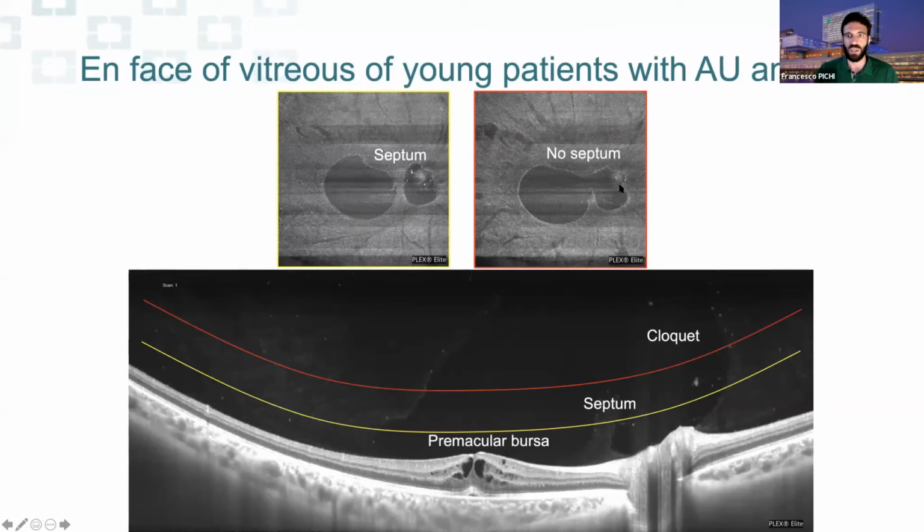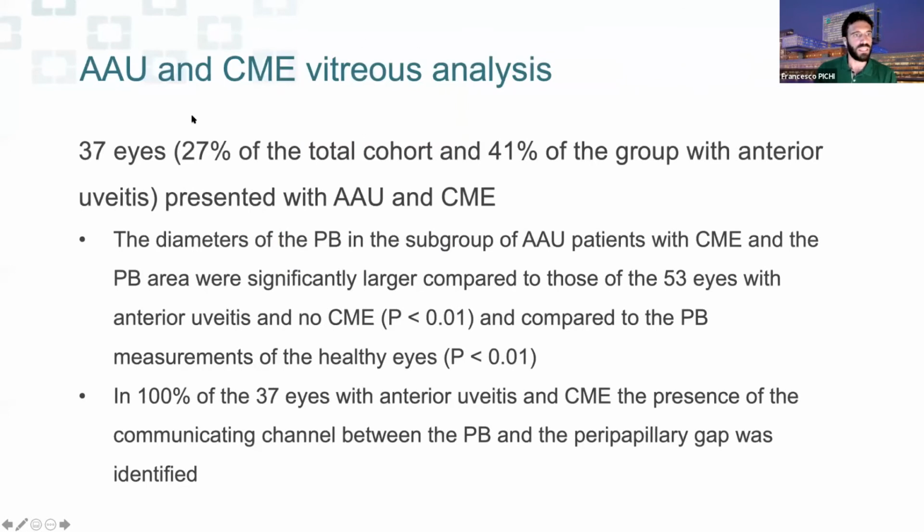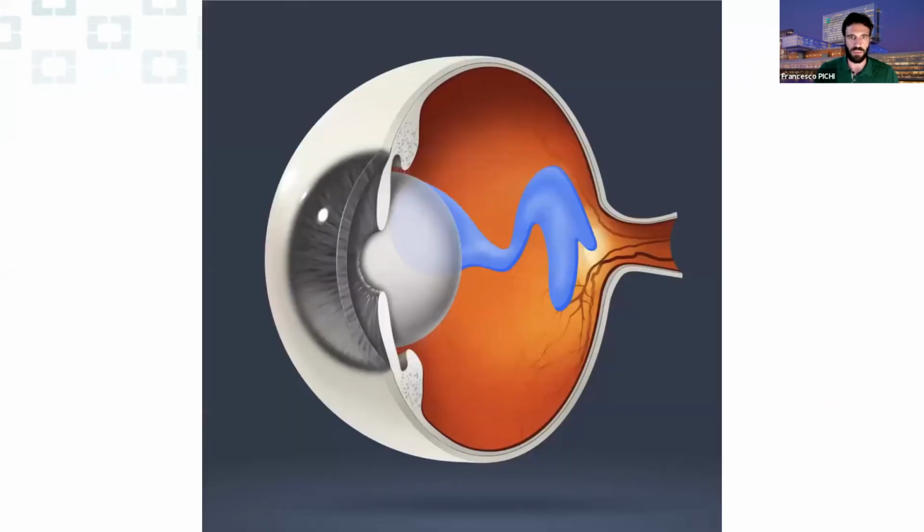There's just a big communication between the two optically empty spaces. So in the 37 eyes that presented with acute anterior uveitis and CME, the diameters were slightly larger, but what's important is that 100% of these 37 eyes had a communication between the bursa and the Cloquet canal. So there was no septum present in any of the eyes that had CME.